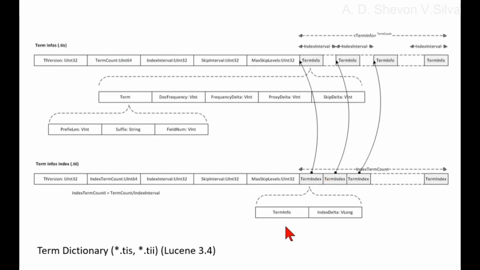The term dictionary stores how to navigate the various other files for each term. At a simple high level, the term dictionary will let you know where to look in the FRQ and PRX files.